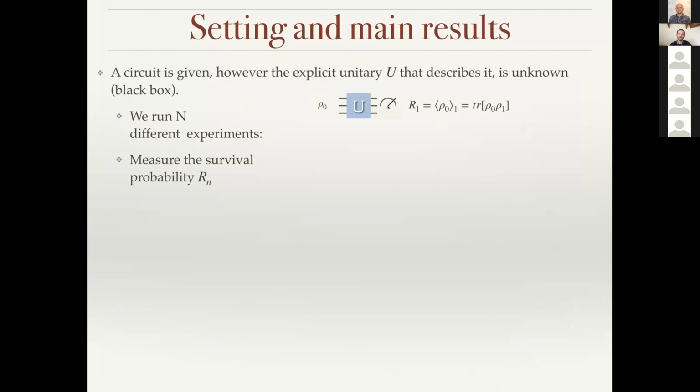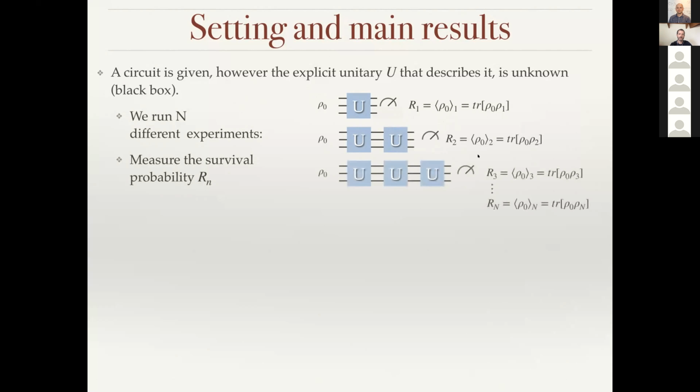Then, after running the circuit one time, we measure the survival probability. Then we do the same after we run the cycle twice, again measure the survival probability in the end, and so on, and we stop once we have capital N survival probabilities.